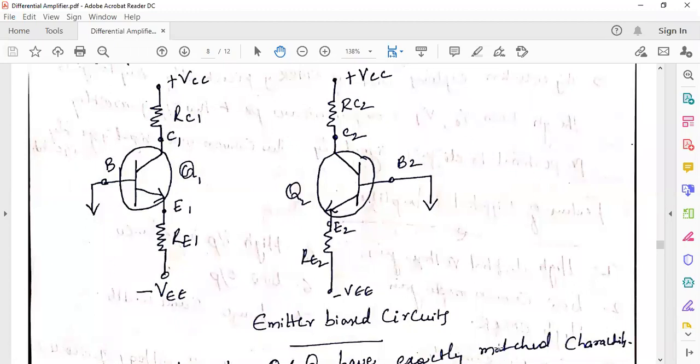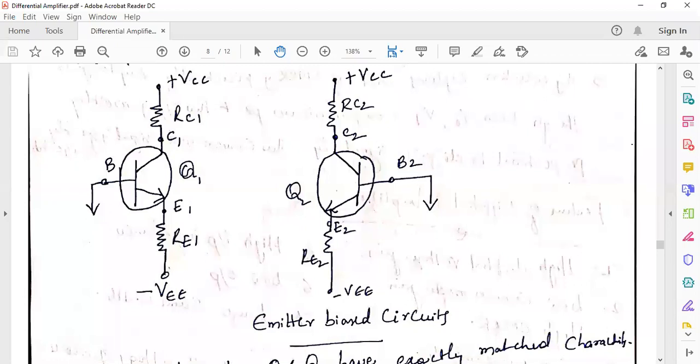That's why I'm considering the two transistors Q1 and Q2 have exactly matched characteristics. The characteristics of both transistors must be identical. While designing the differential amplifier, we have to take the two transistors Q1 and Q2 which have exactly matched characteristics.